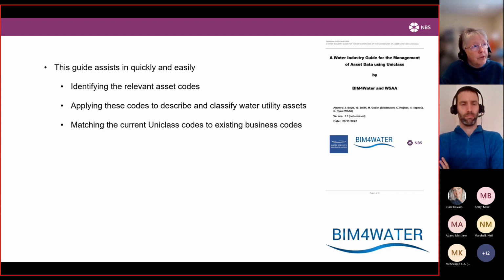And the other important thing when you're working on this is to really sit down and have a clear idea of what you are going to be doing with this information. Obviously, you've already got all your asset processes, your maintenance and operation processes in place.